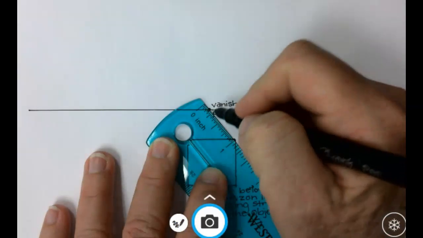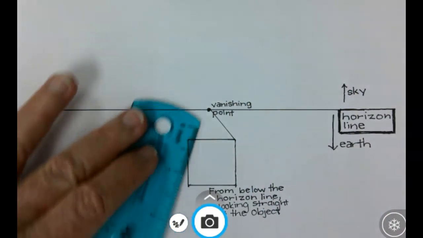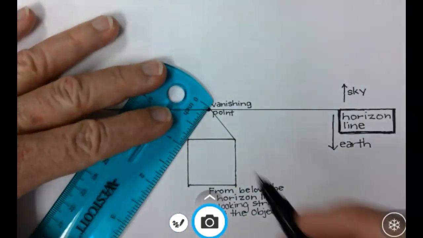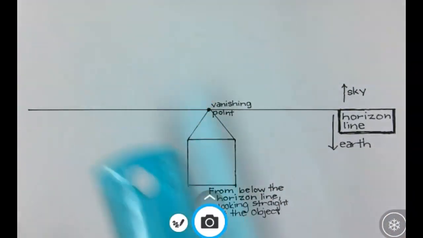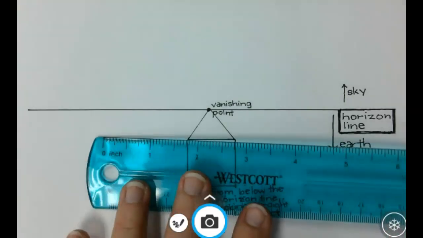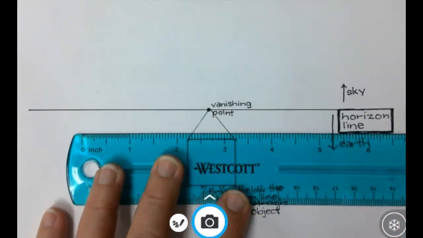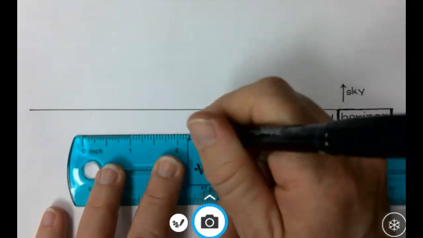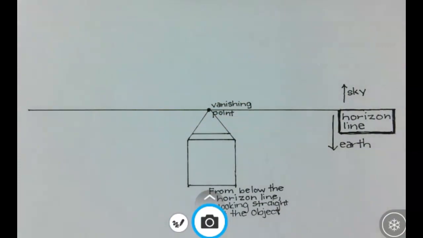Line straight from the corner of that square to the vanishing point. And so say if that square were a cube, even though we have a sense of how it would be.